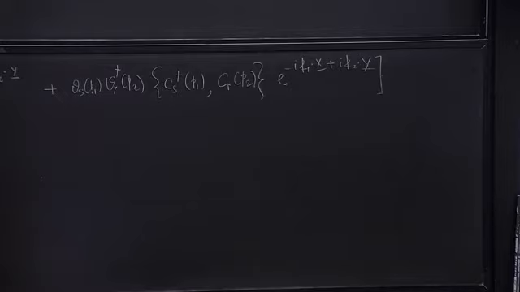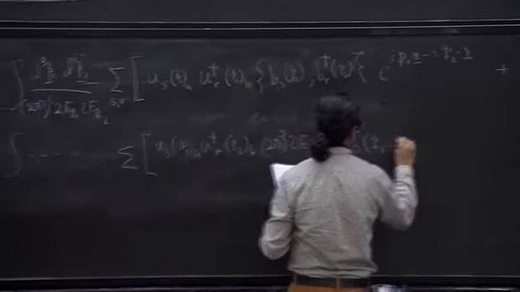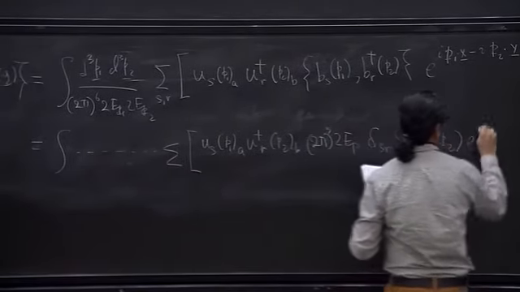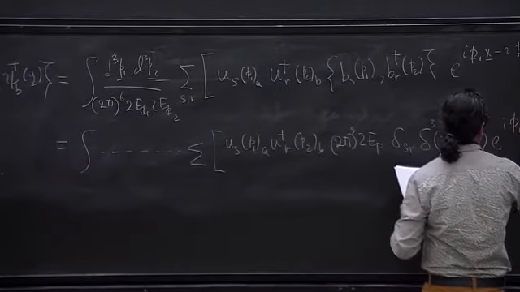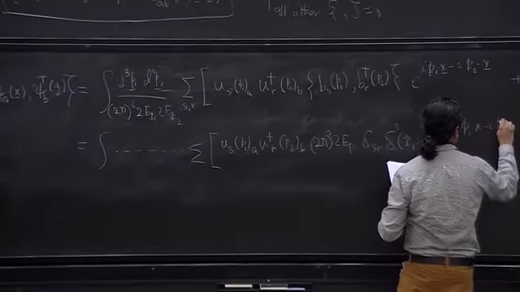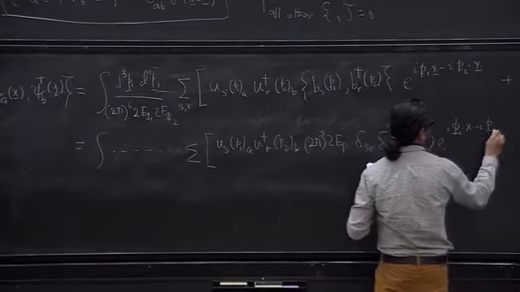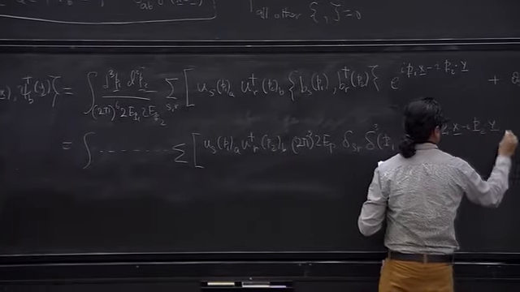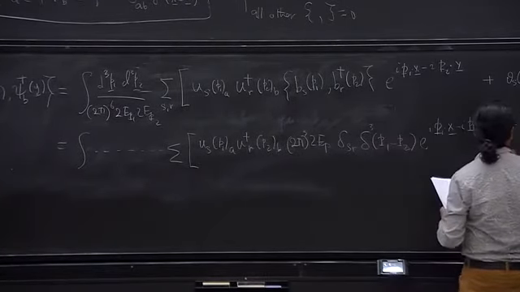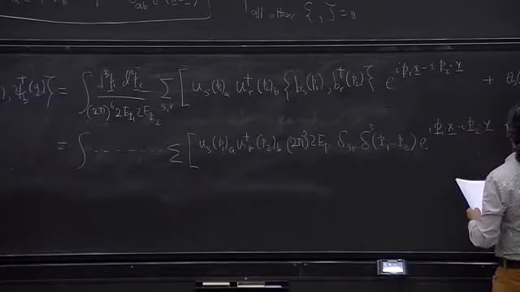So we get (2π)^3 2E_p δ_sr δ^3(p1 minus p2) e to the power i p1·x minus i p2·y. And then over here the v's remain the same.